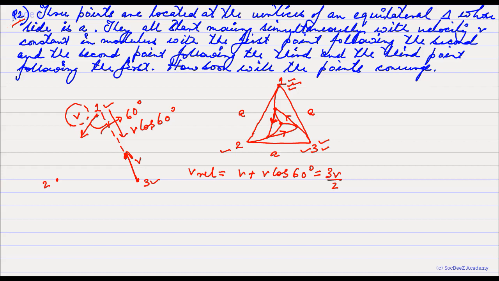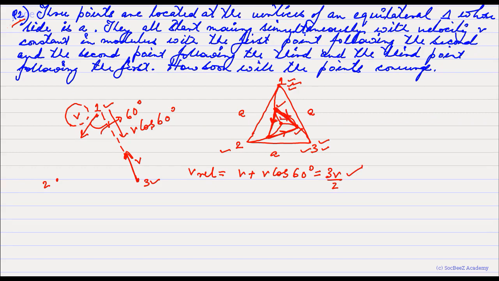We have observed that at any instant of time, these three particles are going to form an equilateral triangle. Even in this particular situation, the relative velocity of the first particle with respect to the third particle would be equal to 3v by 2, and it would be directed in this direction.